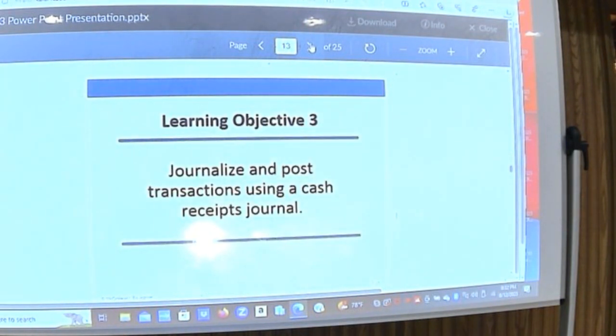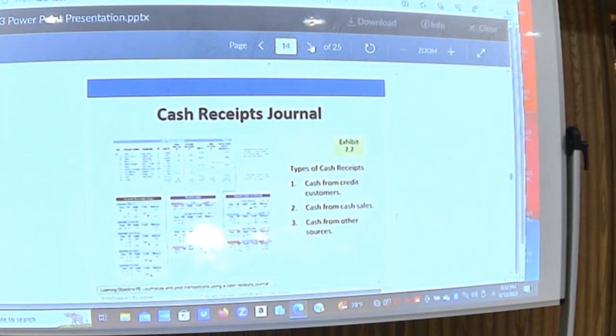Here's the cash receipts journal, all receipts of cash. You can see what the pages in that journal would look like. Types of cash receipts you can see over on the right hand side: cash that you got from credit customers, they're paying down their receivable; cash from cash sales, of course; and then miscellaneous receipts of cash from other sources.